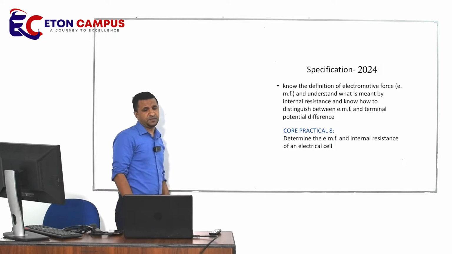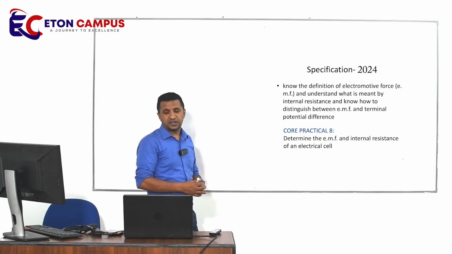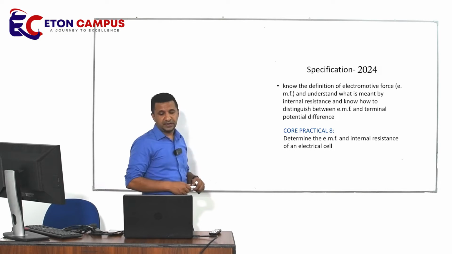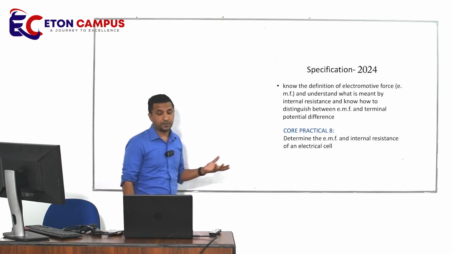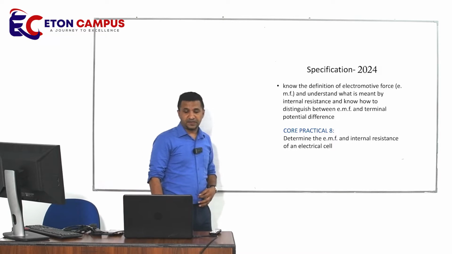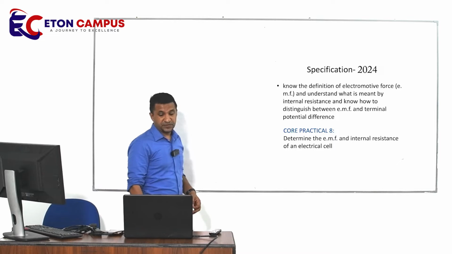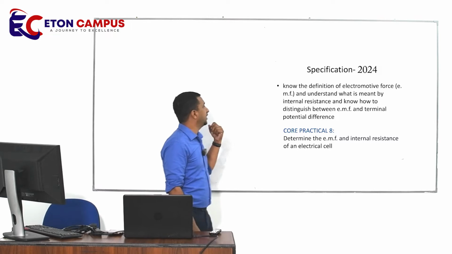In this one we should know what is the electromotive force and understand what is meant by the internal resistance of a battery or a power supply, and the terminal potential which arises due to this internal resistance.